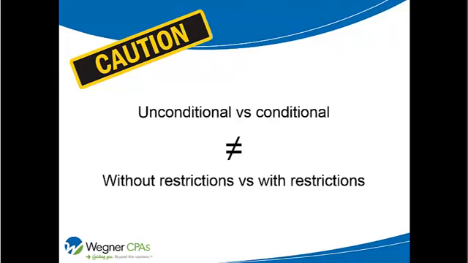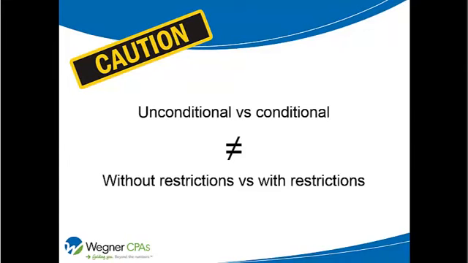So if you choose not to spend it on cancer research, maybe I didn't write it into the contract that you have to give me my money back, okay? Or maybe someone gave a donation to a church to be used for handbells, but again, there was nothing specific that said, if you don't spend this on handbells, you must return my money, right? So if there's no right of return or release, that's an unconditional contribution.